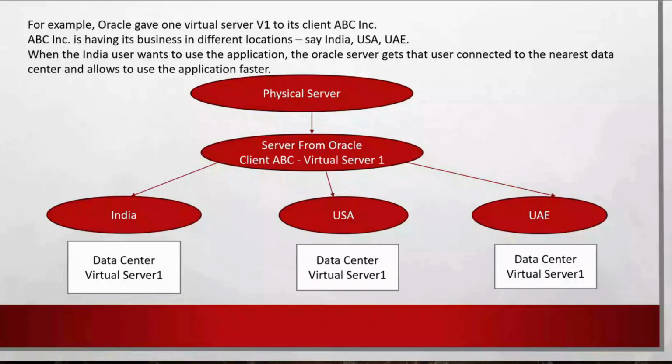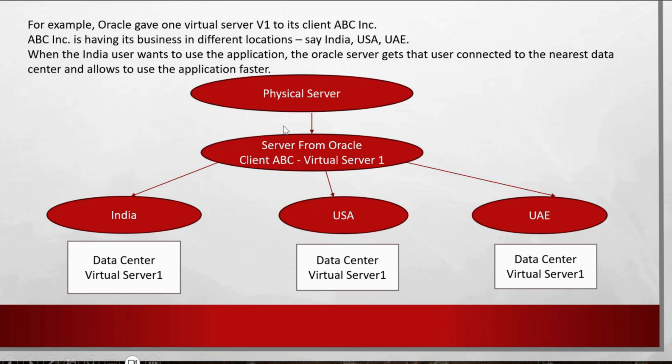The traffic would be very high, so the user would experience very low speed, or a very bad experience. If a user from India tries to use the server, the virtual server will connect to the nearest data center, and the user will get the data. Similarly for USA, similarly for UAE.